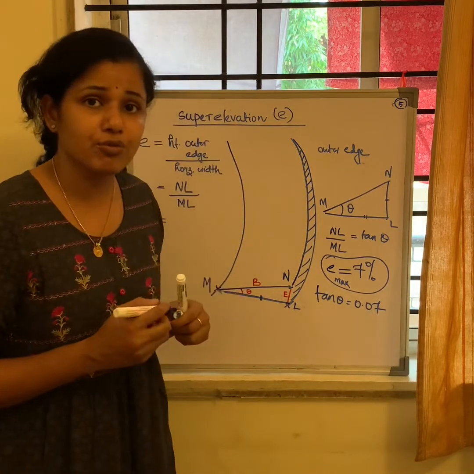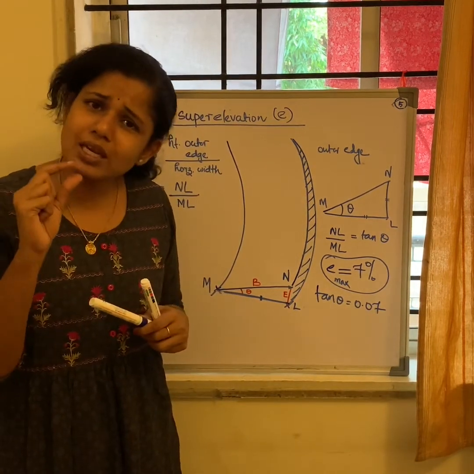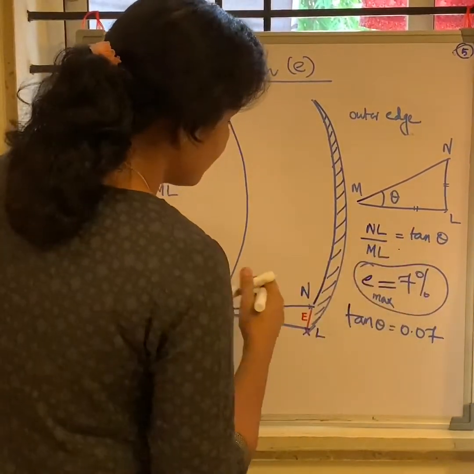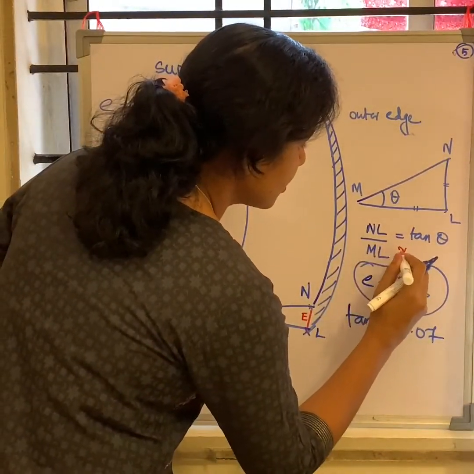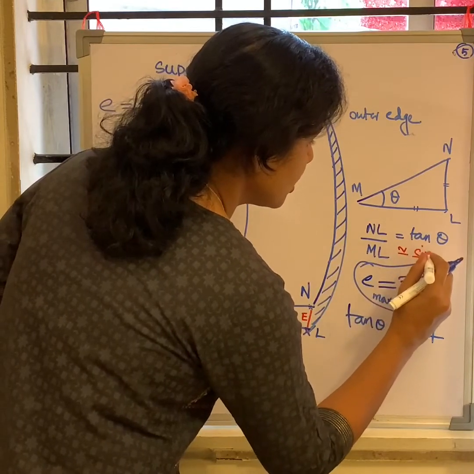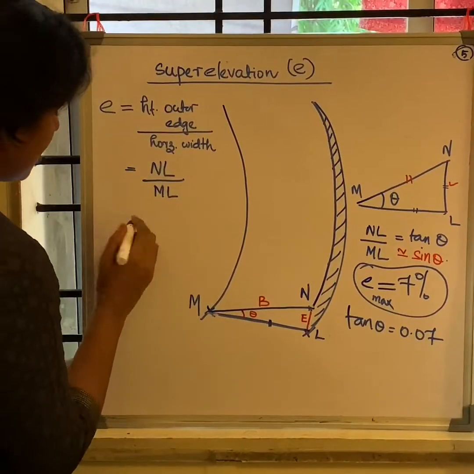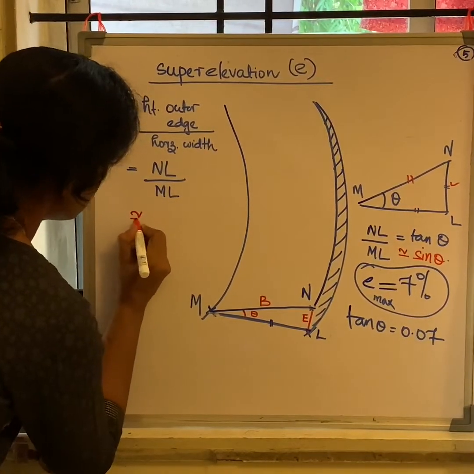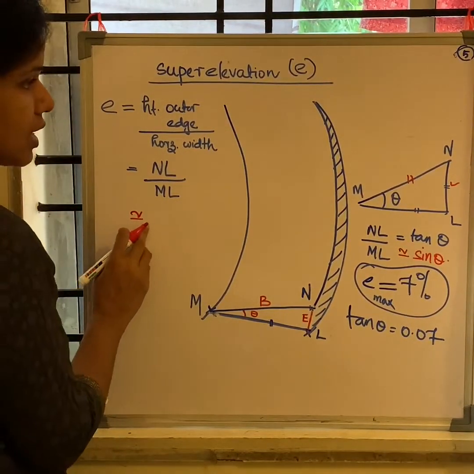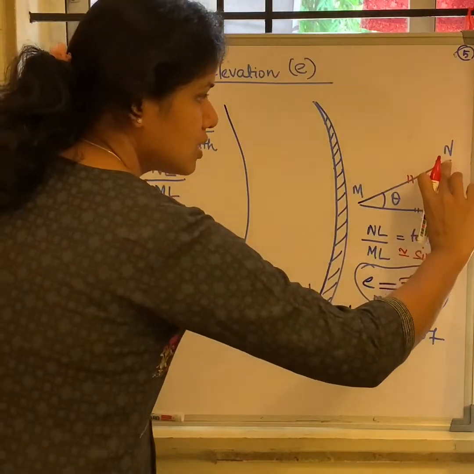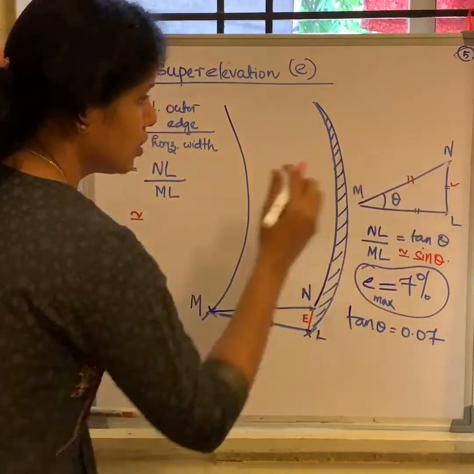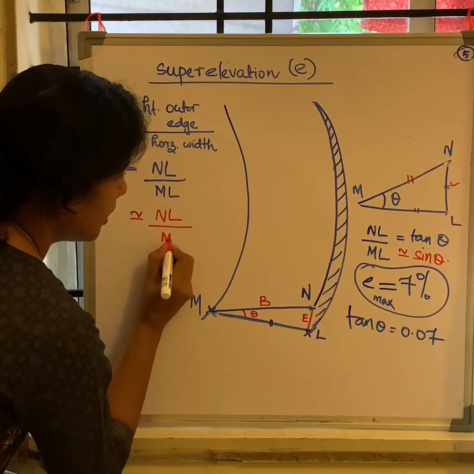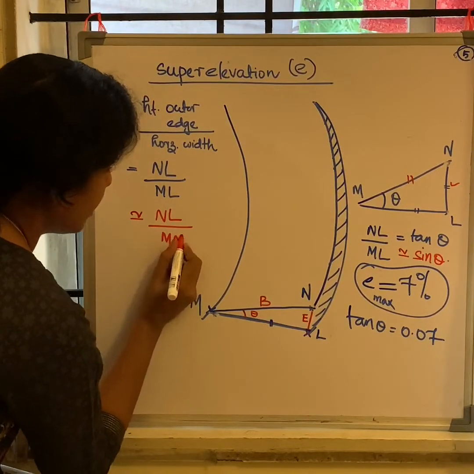What is the meaning of it? Theta is going to be negligibly small. So one can approximate tan theta to sin theta. So the equation can be NL by ML, and now I am going to write it in terms of sin theta: opposite side divided by hypotenuse, which is NL by MN.